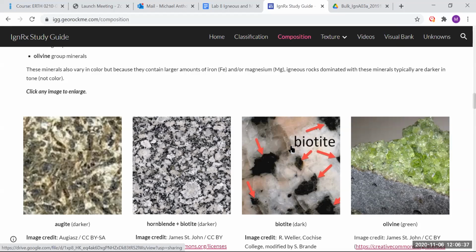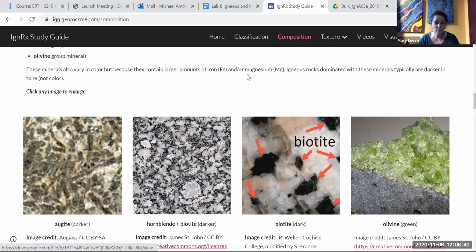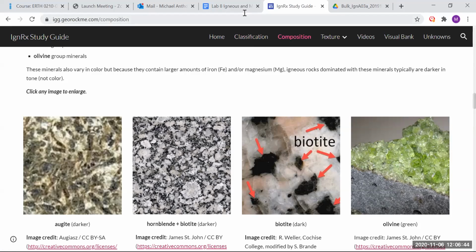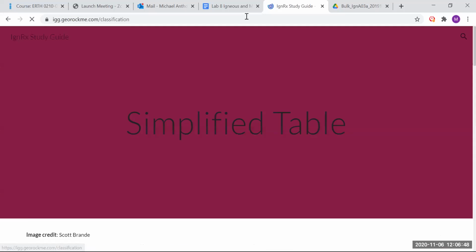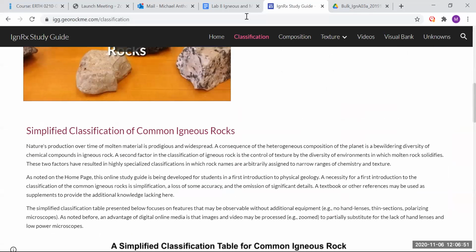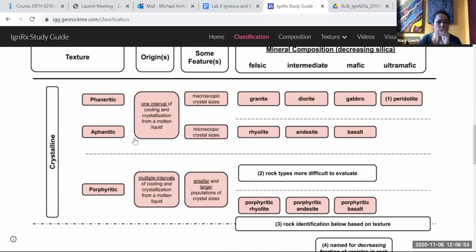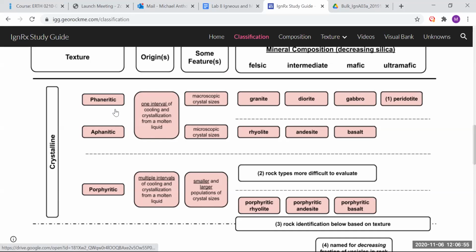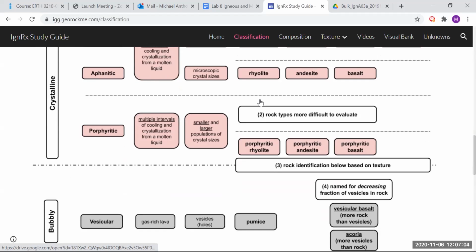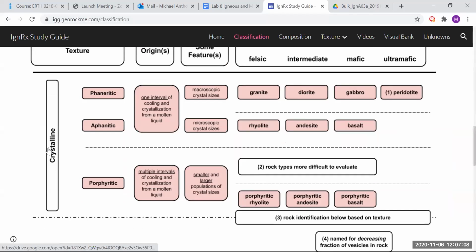Right. Yeah. Do you want to look at another one together before we're done? I actually have another quick question. It's about this classification table, because I know we need to use it as well, but I'm still a little confused on how to use it. I know we use it once we discover all the properties of a rock.